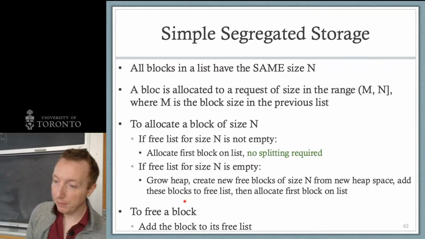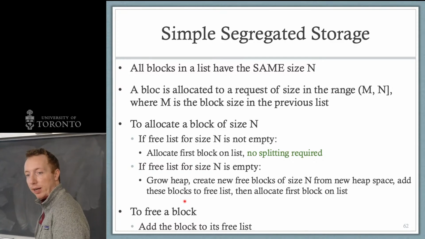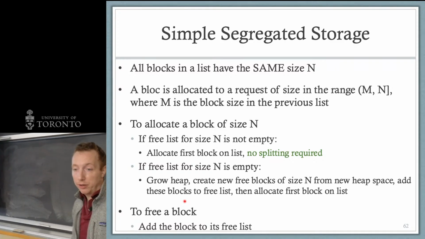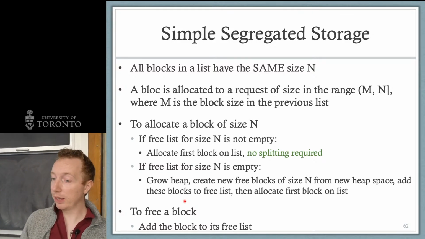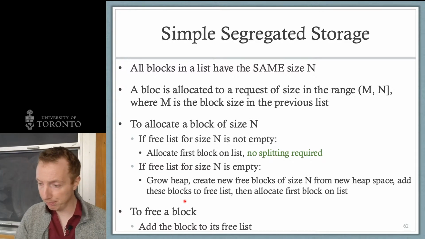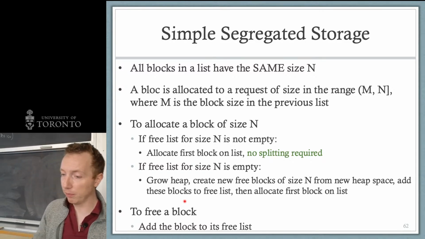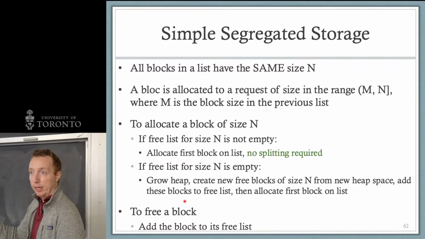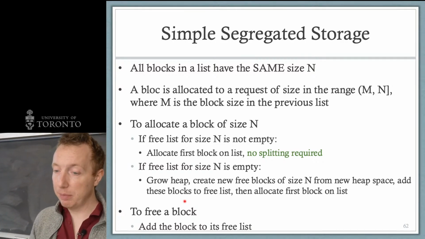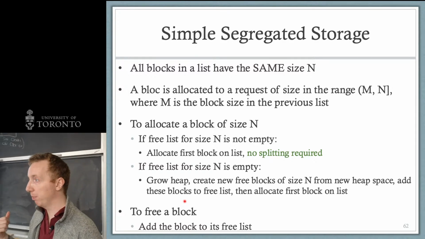So if you did very simple segregated storage, you could have all blocks have the same size. So whenever some allocation comes in, you could round it up or just make sure it fits in a range. Then if you need to allocate a block of that size, if the free list is not empty, you just allocate the first block on the list.